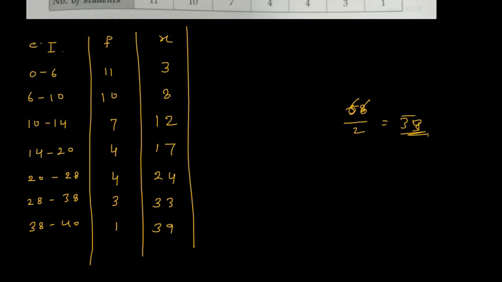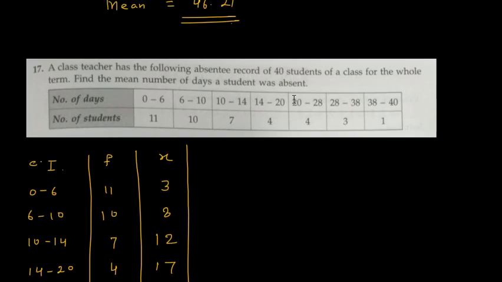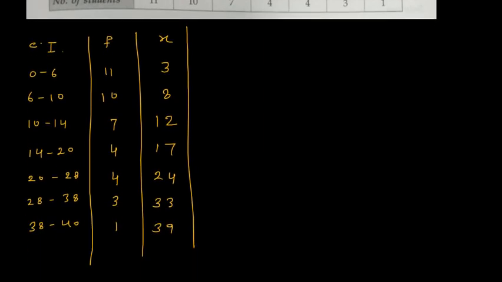Okay. So once we get these values, now the next column is fi into xi. Shortcut method, if you want, you can use. It is not mentioned in the problem, and as it is not mentioned, it is not necessary also, because this much multiplication you can easily do. This is fi into xi or simply f into x.